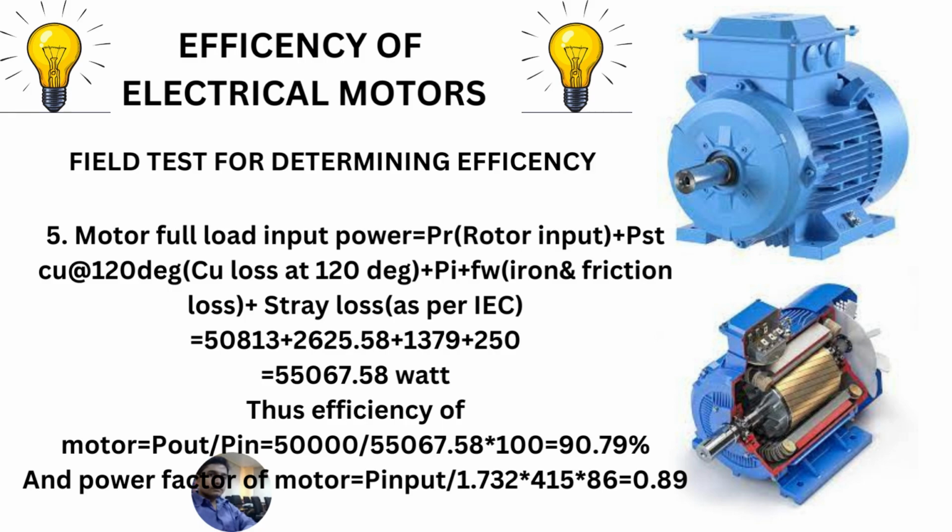So it means that the motor full load input power is equal to the rotor input power plus all the losses. So it will become 55067.581. Now it becomes very easy to calculate the efficiency of the motor, which is power output by power input.